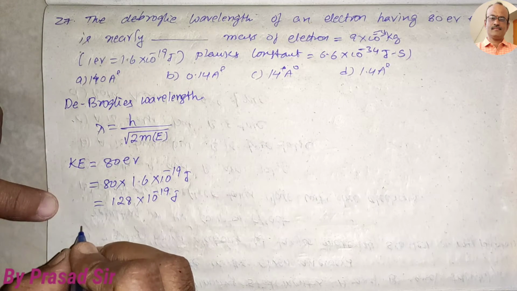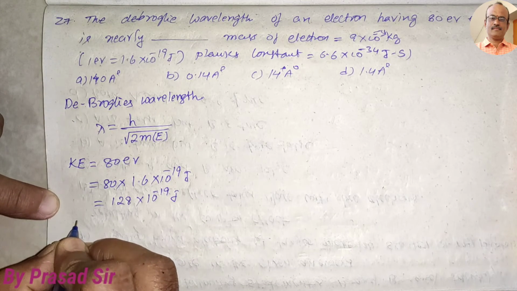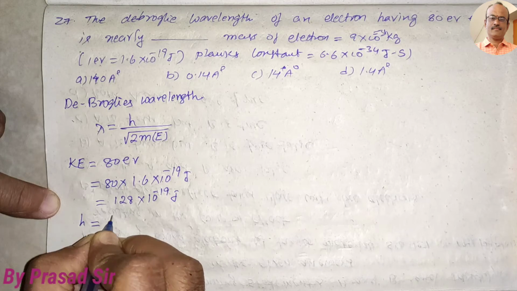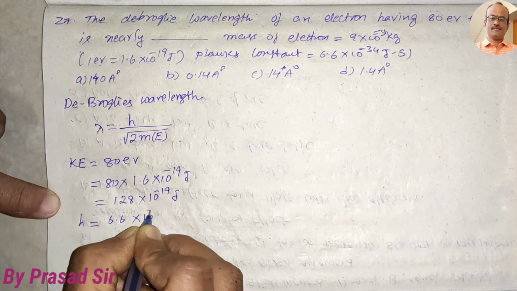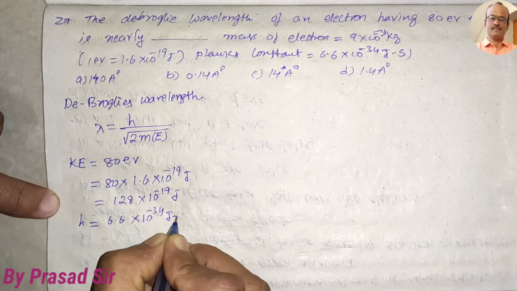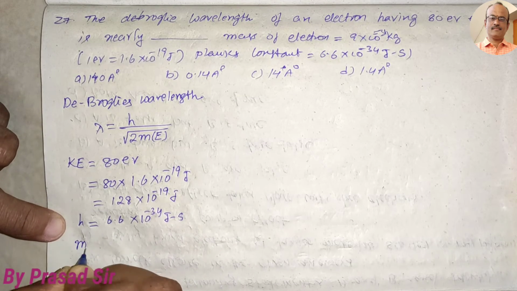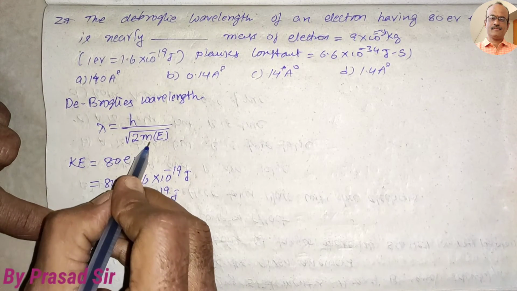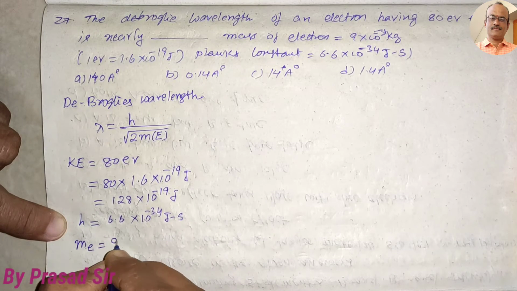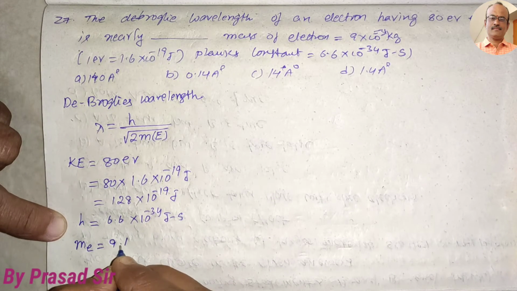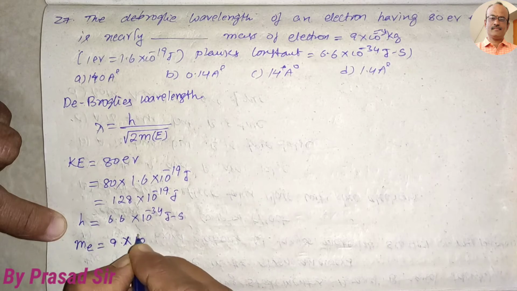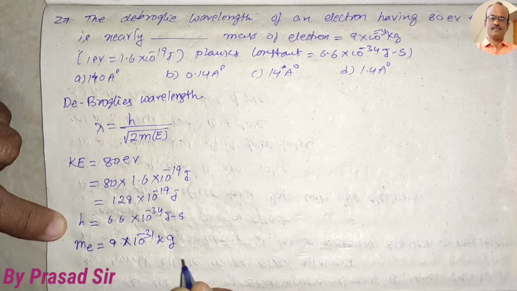Also given is Planck's constant, h is equal to 6.6 into 10 to the power of minus 34 joule second. And the mass of electron is 9.1, that is 9 into 10 to the power of minus 31 kilograms.